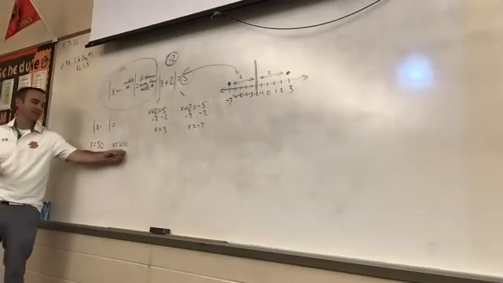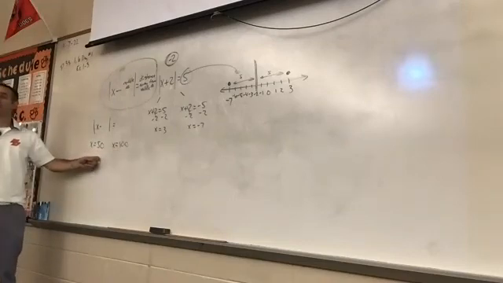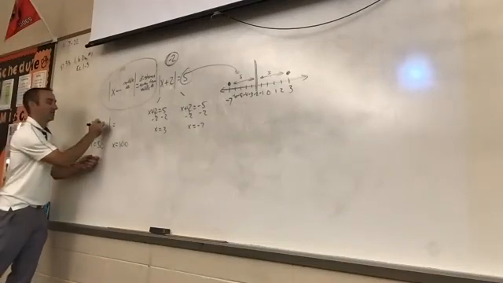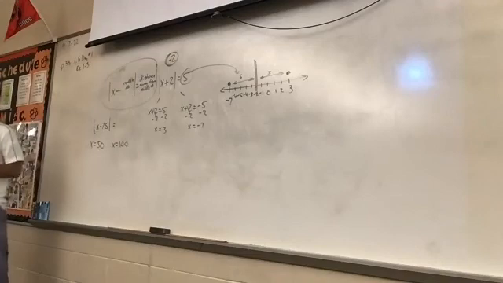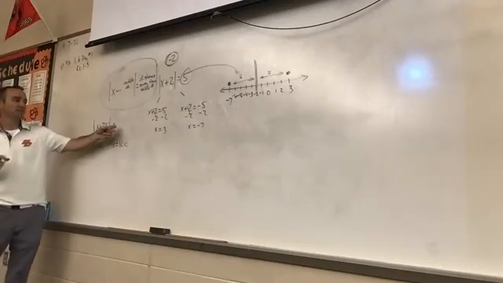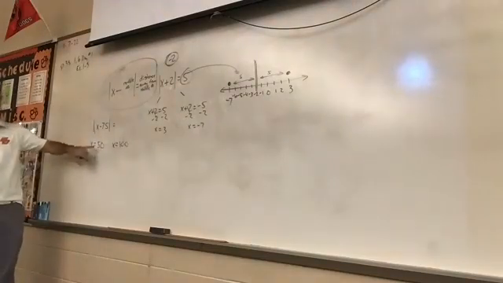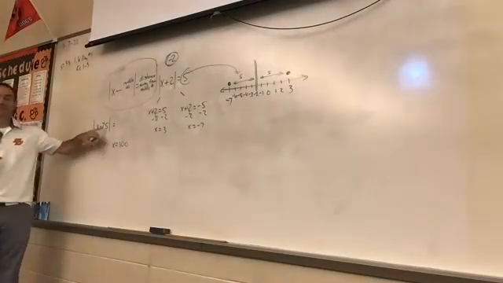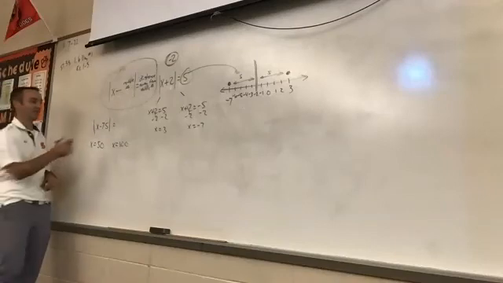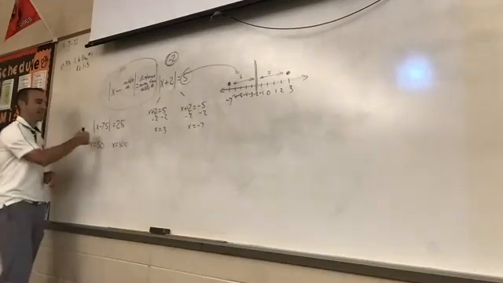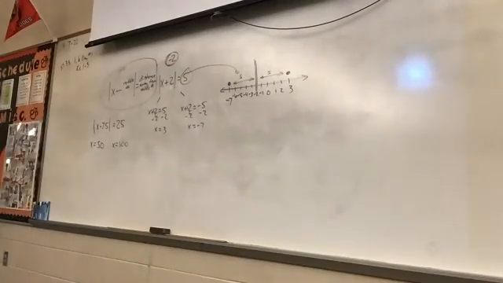What is the number that's exactly halfway in between 50 and 100, Sam? 75. So I know that's going to be x minus 75 in absolute value is equal to the distance away from the middle number. So how far away are each of these from that 75? 25. That's my equation. If we were to solve that equation, we would get our two answers as 50 and 100.